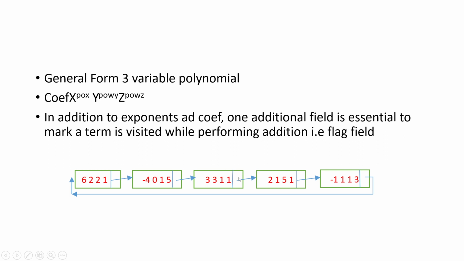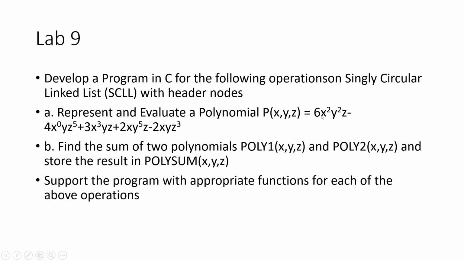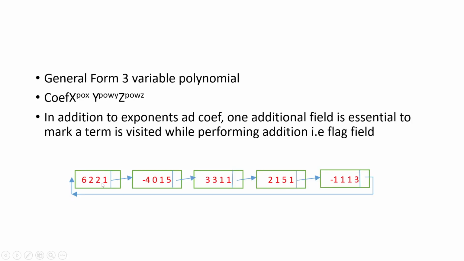Then this is a circular linked list. Here I have taken this as an example. 6 is the coefficient, 2 is the power of x, 2 is the power of y, and 1 is the power of z.